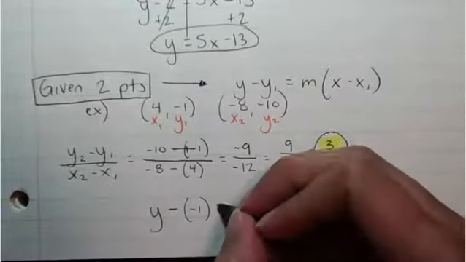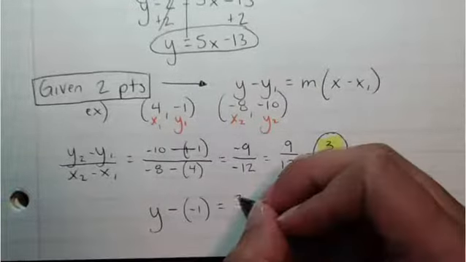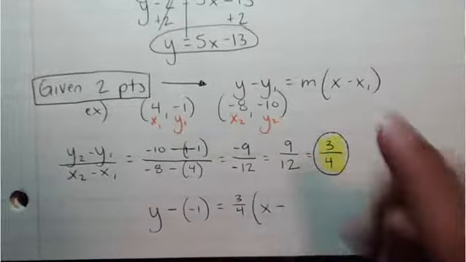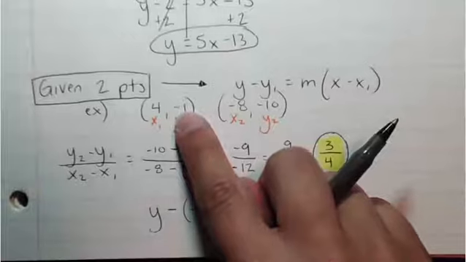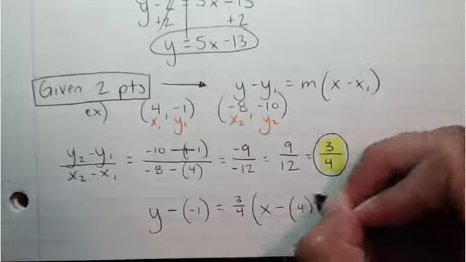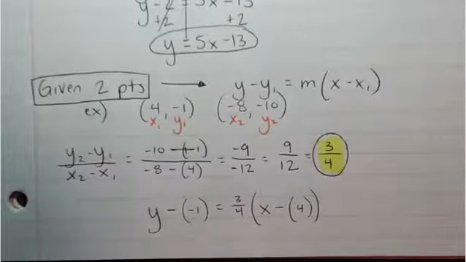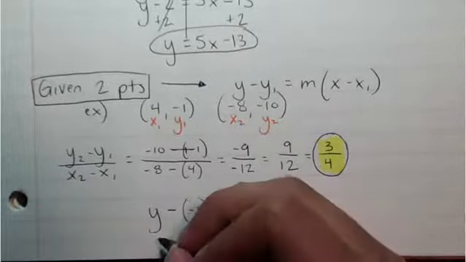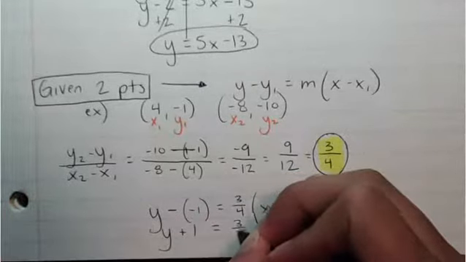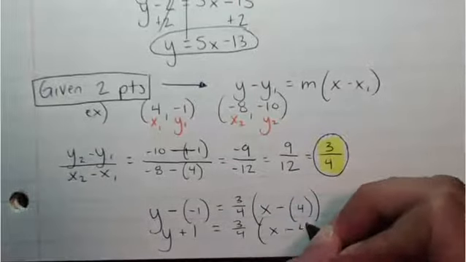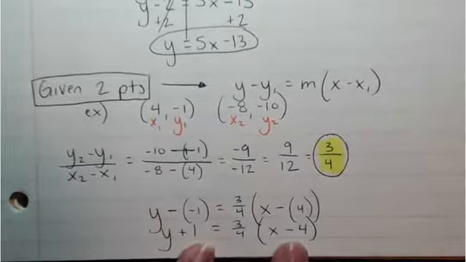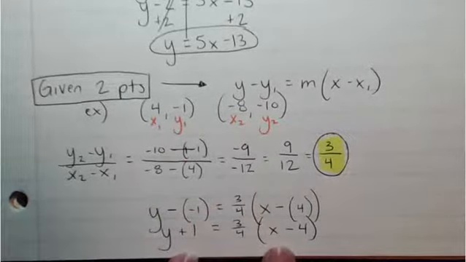So I have y minus negative 1 equals my slope that I found, 3/4, times x minus, and since I used the y1 for this first point, I'm going to use the x1 for the second part. That's my equation. If I simplify that a little bit more, 2 negatives make a positive, so it would be y plus 1 equals 3/4 times (x minus 4). Okay, that's one way that you can write the equation from 2 points.